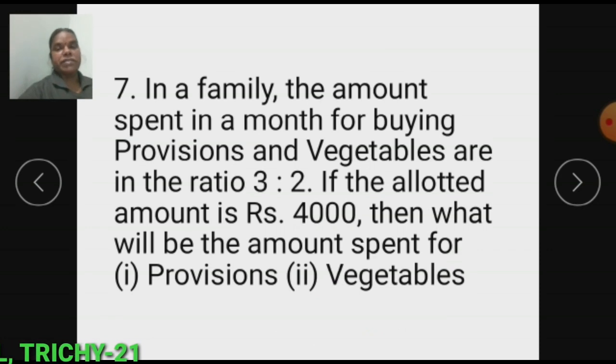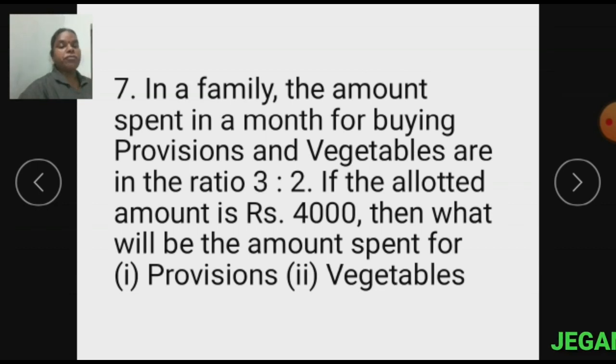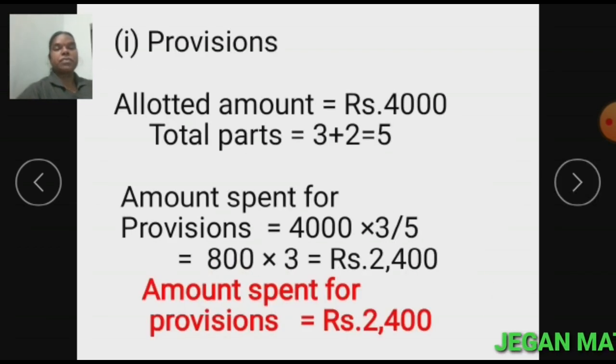Question number 7. In a family, the amount spent in a month for buying provisions and vegetables are in the ratio 3:2. If the allotted amount is rupees 4,000, then what will be the amount spent for subdivision 1 provisions and subdivision 2 vegetables? Subdivision 1, amount spent for provisions.